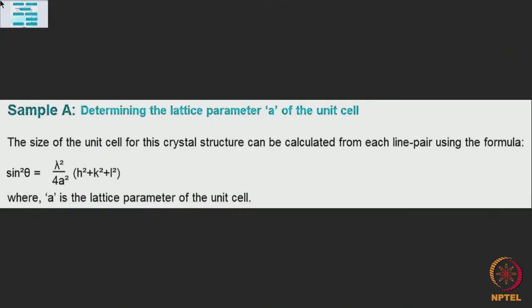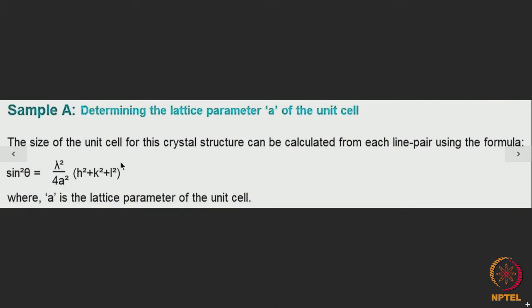Now comes the third part of the problem: how to determine the lattice parameter of the unit cell in the material under investigation. Now, this can be done from the relationship which we found out earlier, that for any line sine square theta is equal to lambda square by 4 a square into h square plus k square plus l square.